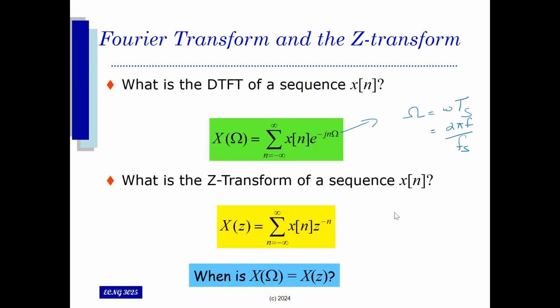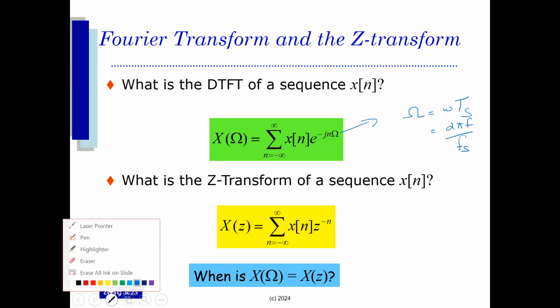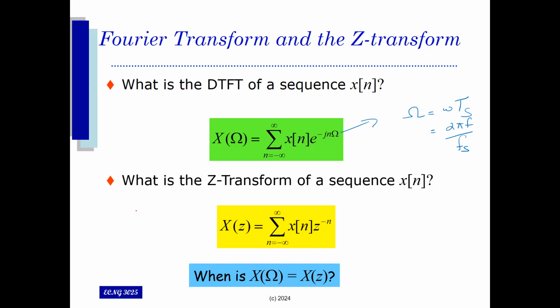Right. So basically, for these two to be equal, this thing here and this thing here have to be equal, right? So z to the minus n has to be equal to e to the minus j n omega. All right?